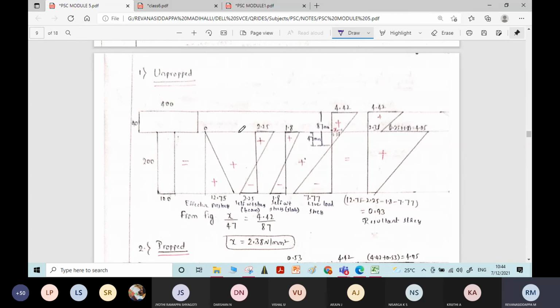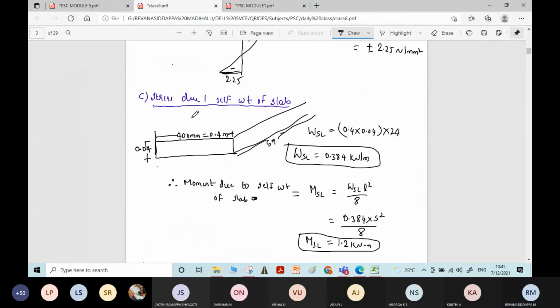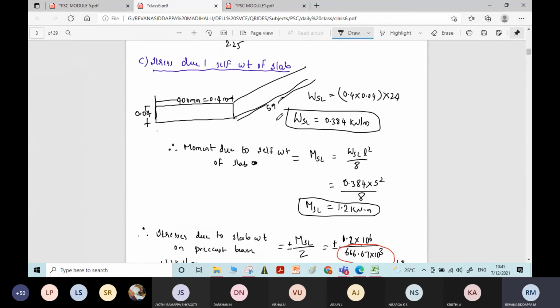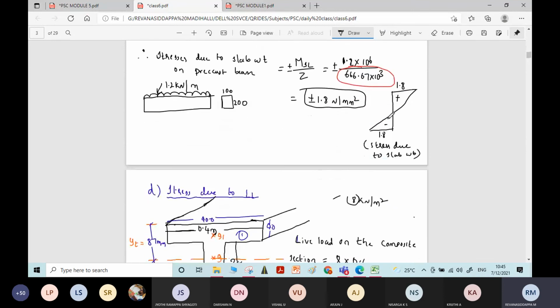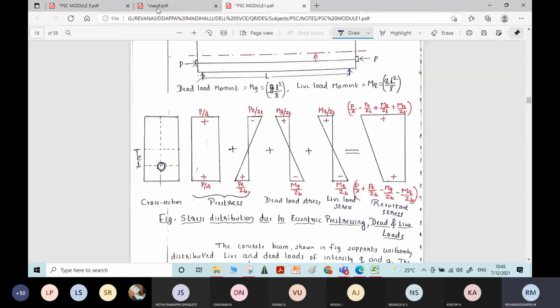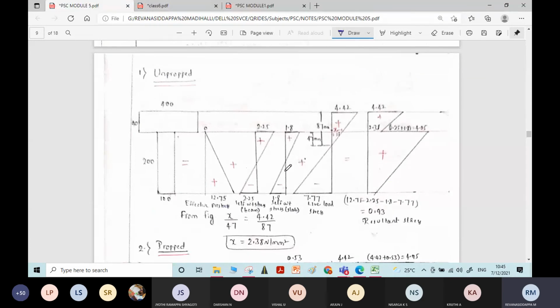And the height of this stress distribution diagram should be equal to the height of this rectangular beam. The next is stress due to self weight of the slab, which we have calculated. It is plus 1.8 and minus 1.8. That is also written here, plus 1.8 and minus 1.8, for unpropped.